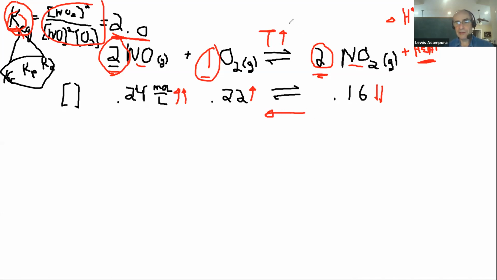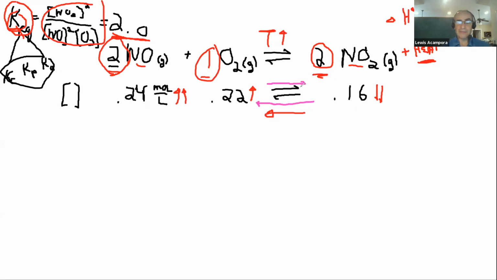I want to be careful here because another really tricky thing is saying, well, what does that mean in terms of these reaction rates? And even though increasing the temperature will shift the equilibrium to the left, it's actually going to increase both the forward and reverse reactions. Reactions always speed up when the temperature increases, but in this case, it will increase the rate of the reverse reaction by more than it increases the rate of the forward reaction.